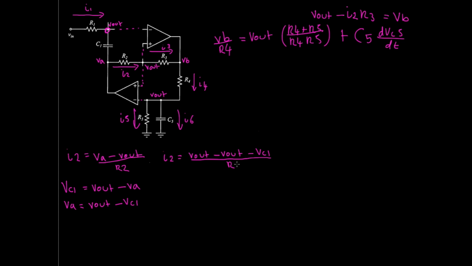You can see V out minus V out, which is going to give us our minus VC1 over R2. So this is cool. We can substitute this in to the top equation, and we pretty much know everything there. VC1 is pretty straightforward to figure out, and now we have everything in terms of voltages, which is what we wanted.